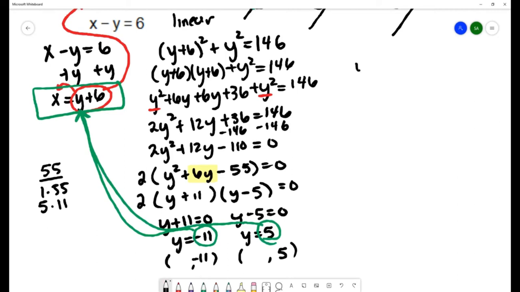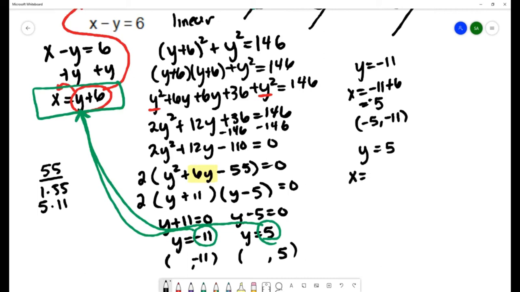So if y is equal to negative 11 and x is equal to negative 11 plus 6, that means x is equal to negative 5. So we have one solution being negative 5, negative 11. For the other solution, y is 5 and x is equal to 5 plus 6, that's 11.